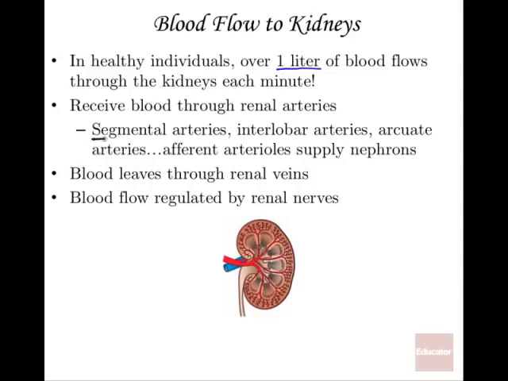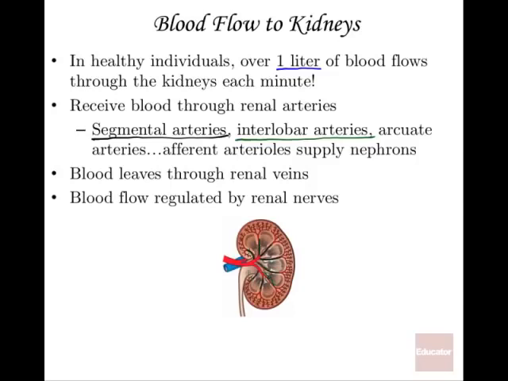The segmental arteries are right here. So the segmental arteries actually branch off of the major renal artery into the kidney. The interlobar arteries, let me show you those. They actually end up going into each little lobe. So here, here, here, here, here.